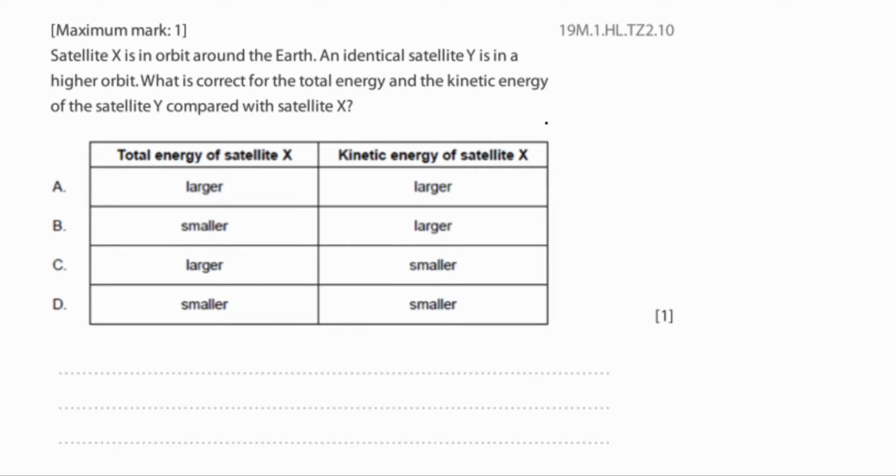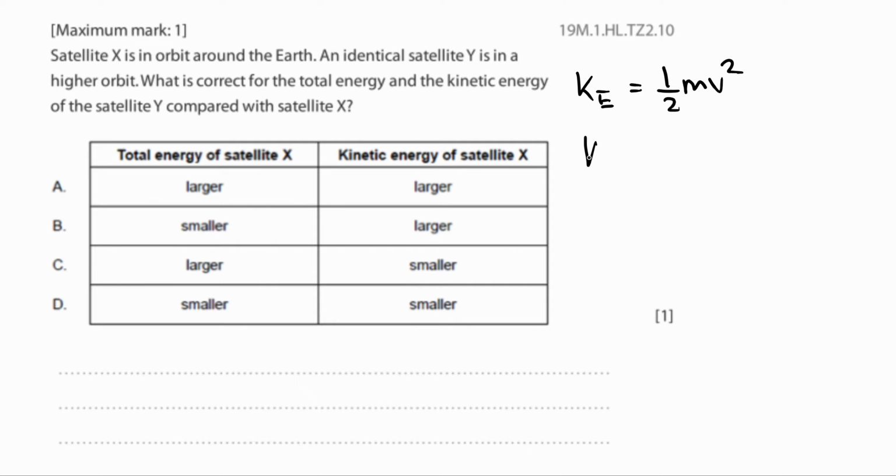Okay, so I want you to understand that kinetic energy, KE, has the equation half mv squared. But we also know that the speed at which it's orbiting this planet can be written as the root of GM over r, which is an equation given in your data booklet.